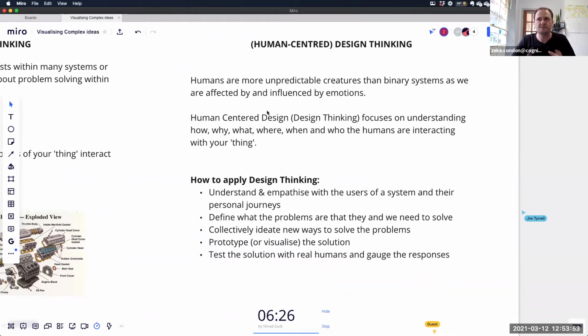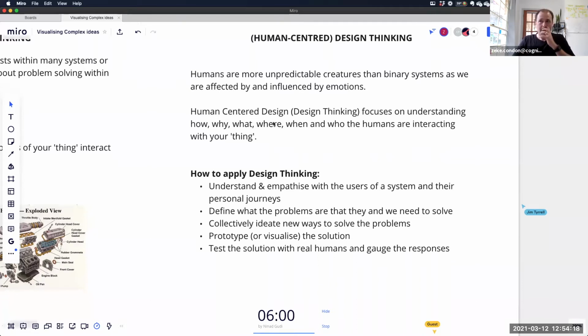This is because humans are super unpredictable, and we ourselves bring assumptions into solving problems and explaining them. This is why text and voice quite often are not great ways to articulate a problem or a solution to that problem, because the other human on the other side of it is a different human, and they're unpredictable, they're not binary.